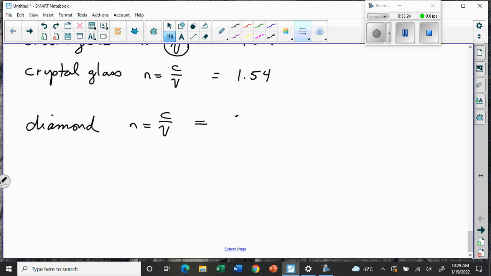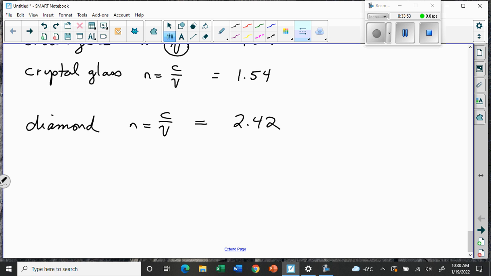This comes out to 2.42. That's very slow. It's 2.5 times slower than light in a vacuum. So that's about half speed, right?